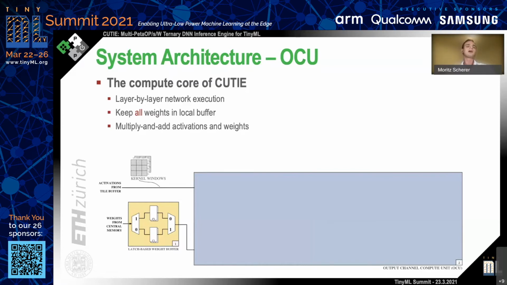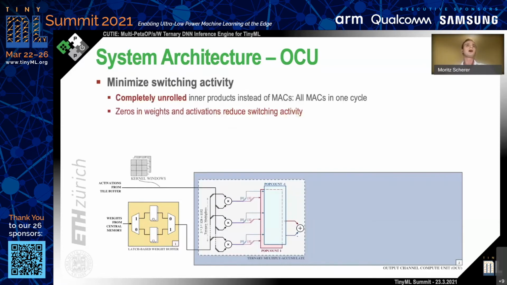But we do this in this completely unrolled architecture, so we actually multiply and add all values in one cycle instead of doing any sort of iteratively decomposed multiply-accumulates.